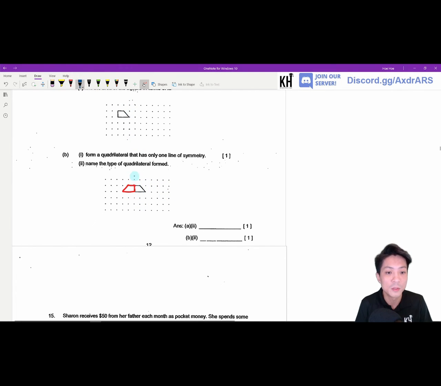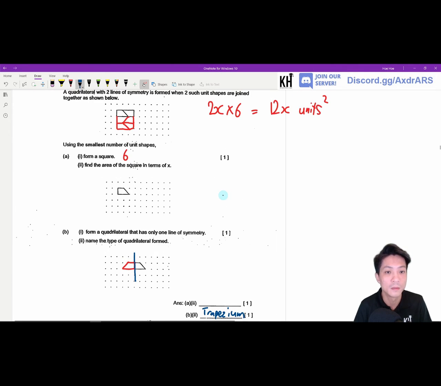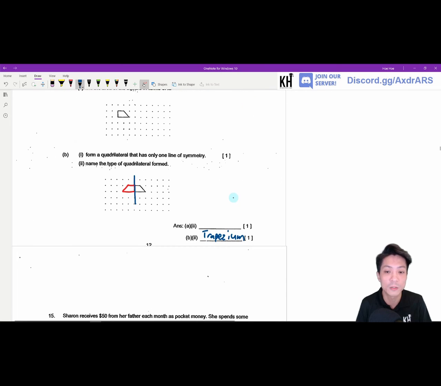And the line of symmetry will be in the middle like this. So this is a trapezium. A, part 2 is 12x.